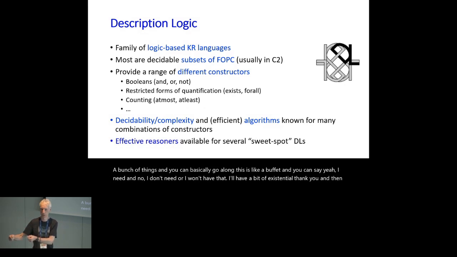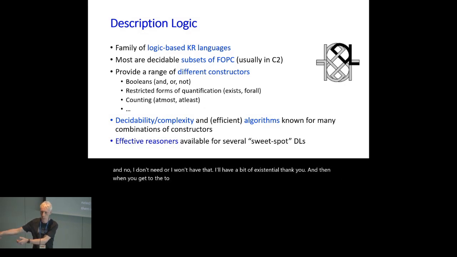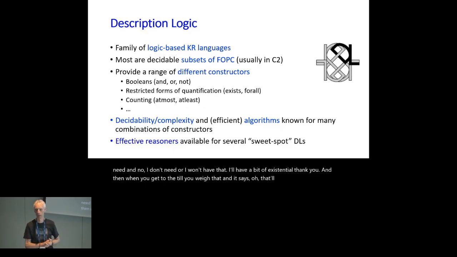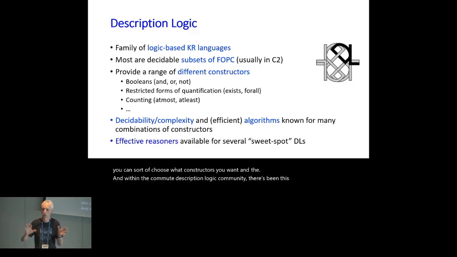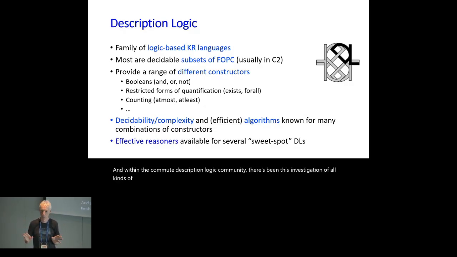And then when you get to the till, you weigh that, and it says, oh, that'll be X time complete, please. So you can choose what constructors you want. And within the description logic community, there's been this investigation of all kinds of combinations, so you pretty much know what you're going to pay for that in terms of computational complexity.